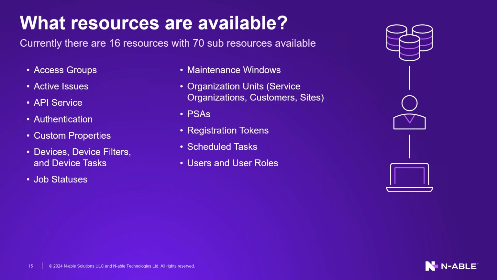You have maintenance windows APIs. So if you want to see a list of maintenance windows, modify maintenance windows, or actually remove maintenance windows, you can do so using APIs as well. And also you have the organizational units. So this is where you can get your org unit, customer, and site information out of your N-central server as well.